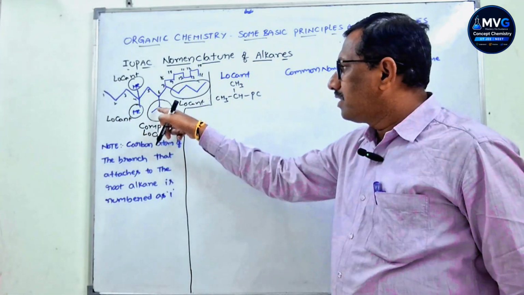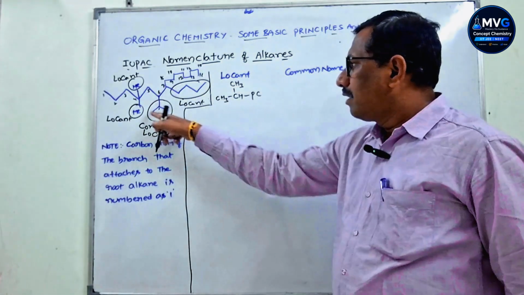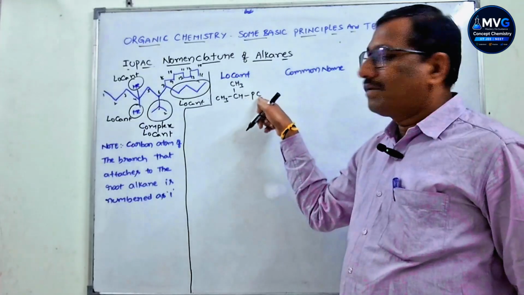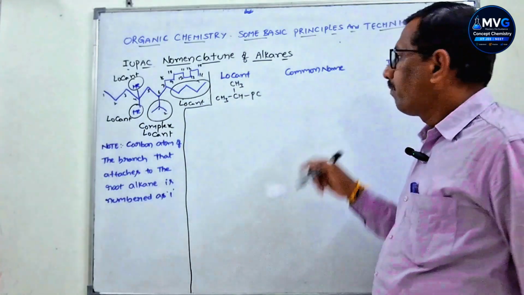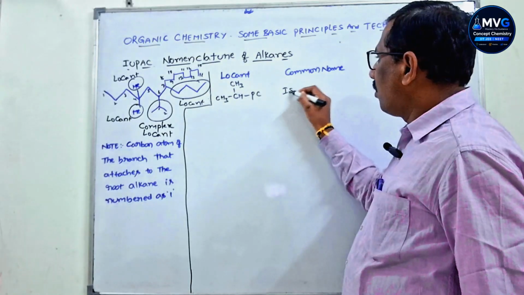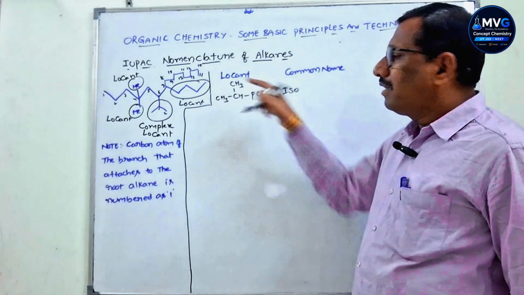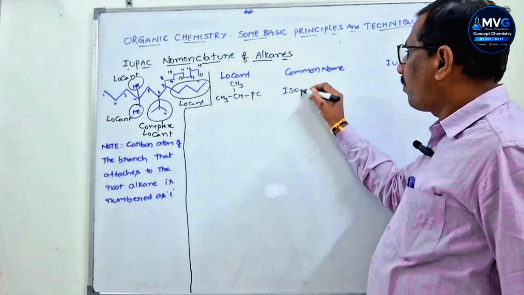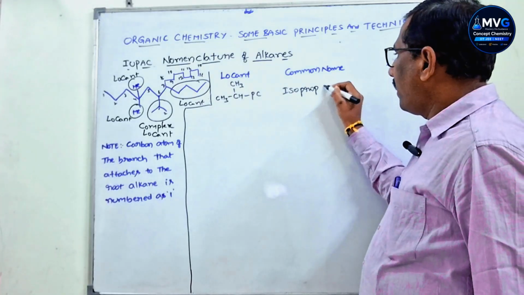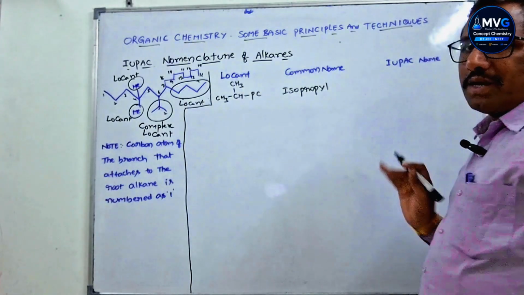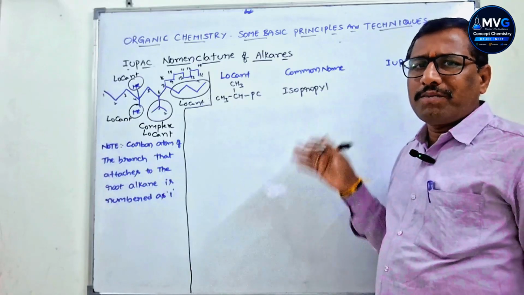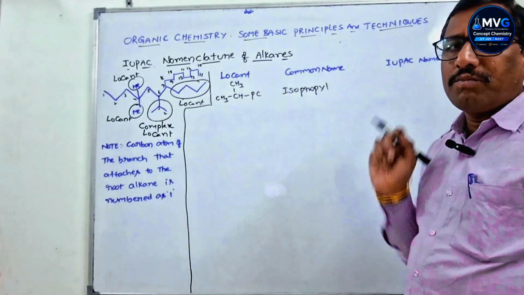Common name: how many carbons are there? 3 carbons. Propyl, so isopropyl.